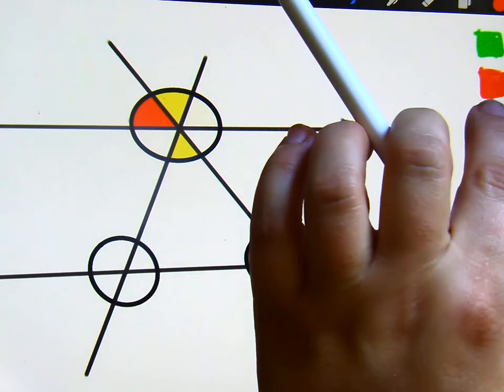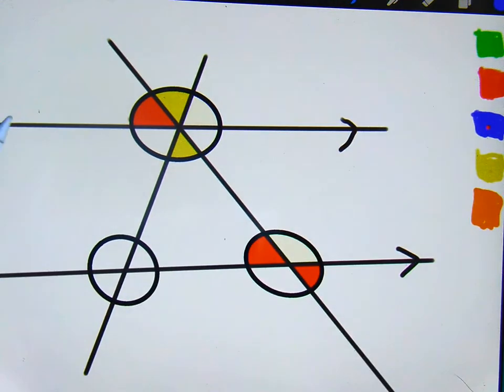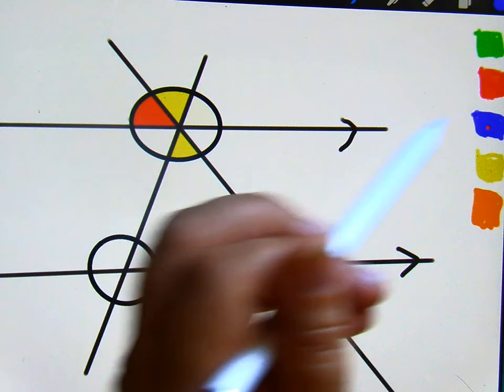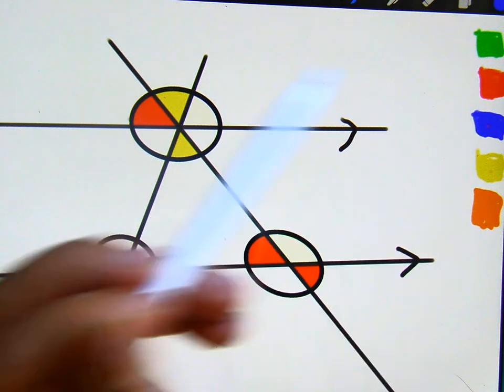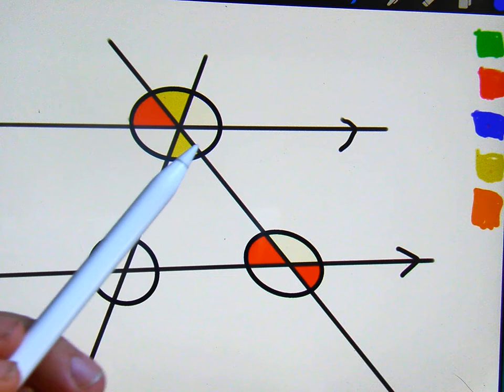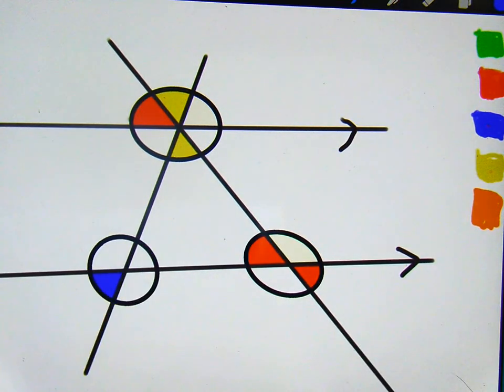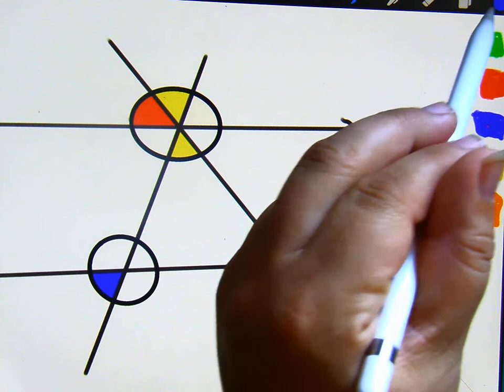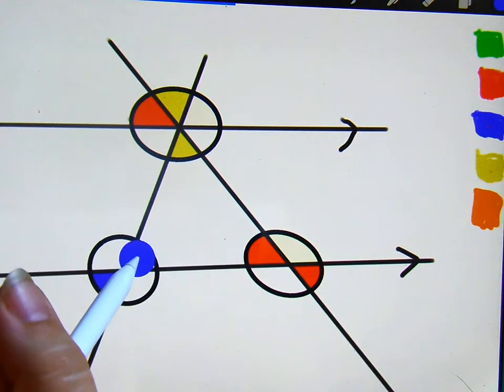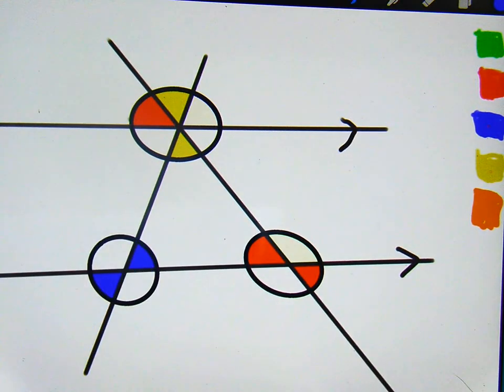So I'm going to try blue. Let's switch over to blue. And we are going to do this one down here, blue. So if that one is blue, vertical angle says this one is blue. Okay.